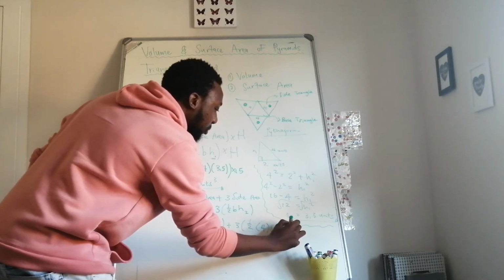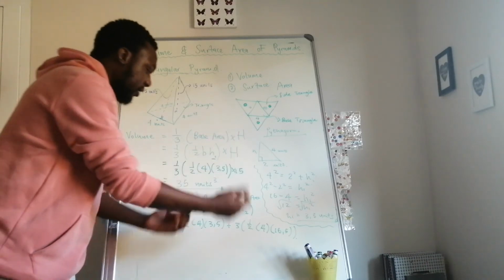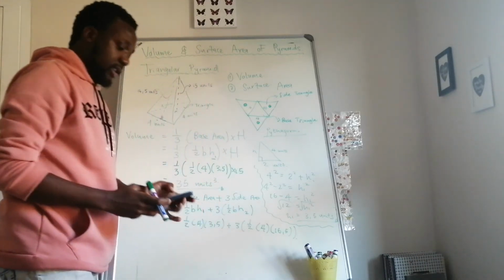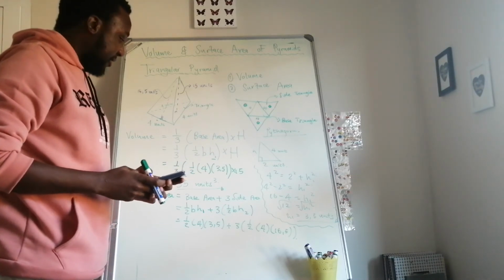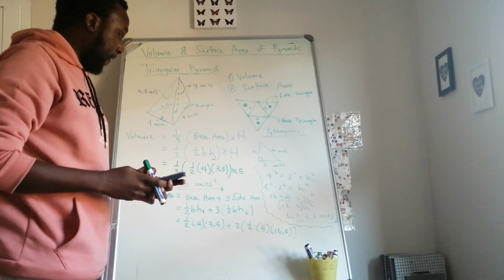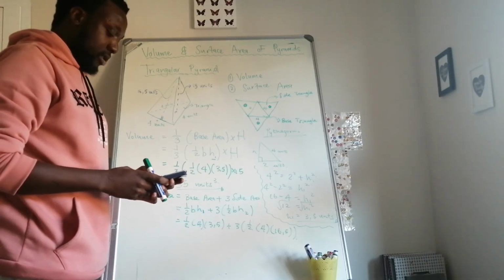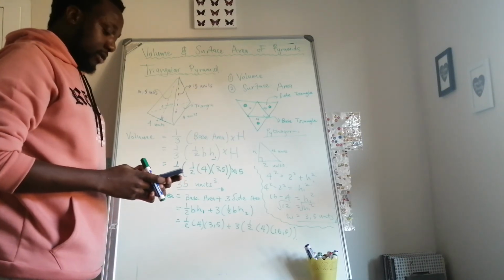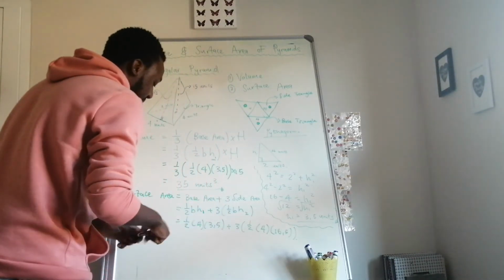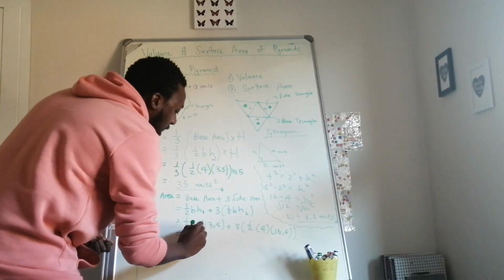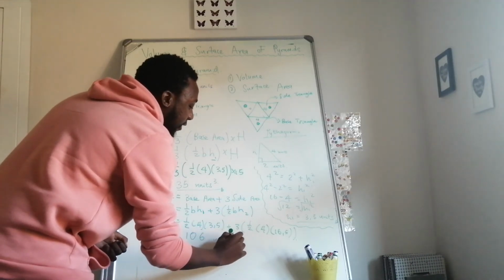That one is 16.5. You see it? Then you substitute all of this in your calculator: 1 over 2 the base area, plus 3 of the side areas, and we get my surface area as 106 units squared.